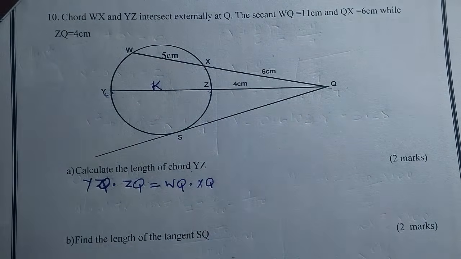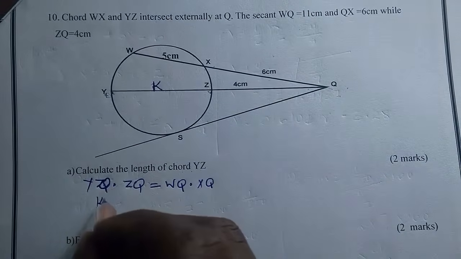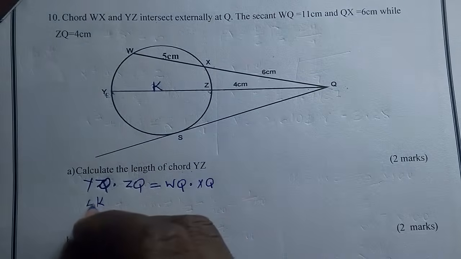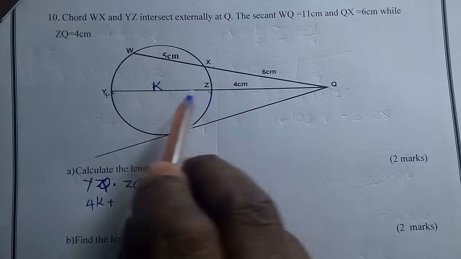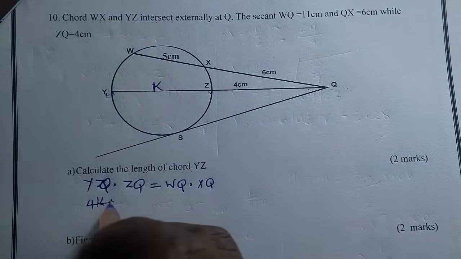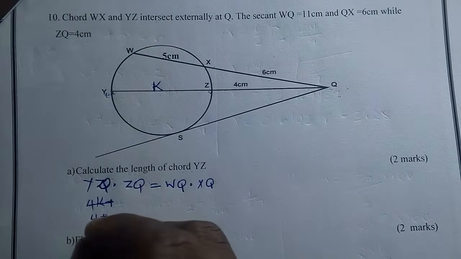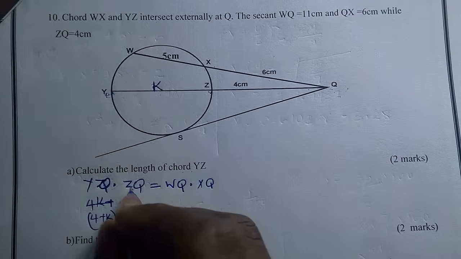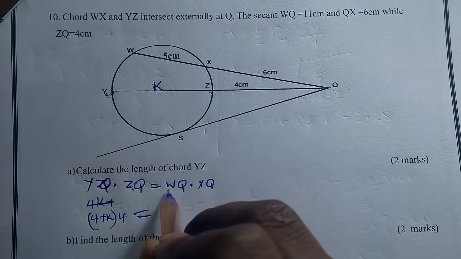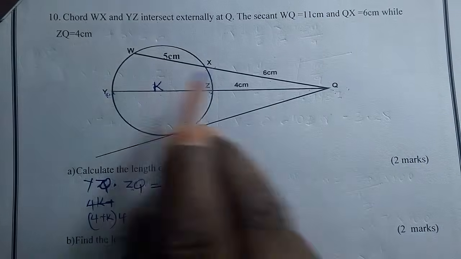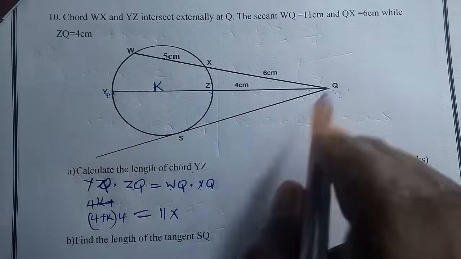Now get the distance from here up to here. It is K plus 4. From here up to here is 4 plus K, then multiply with ZQ, which is 4, is equal to WQ, which is 11, times XQ, which is 6.